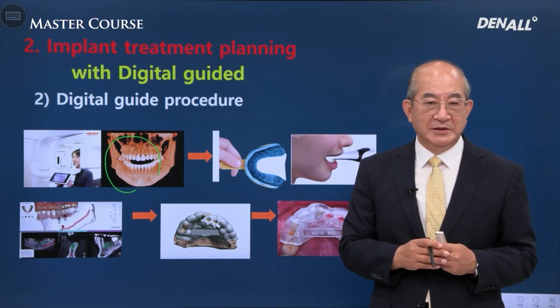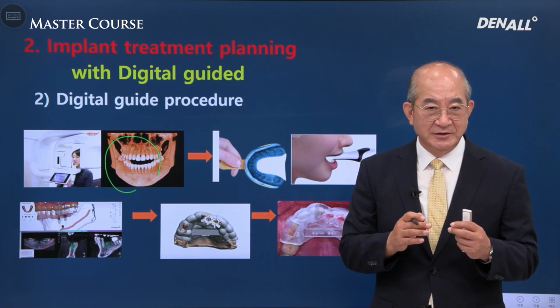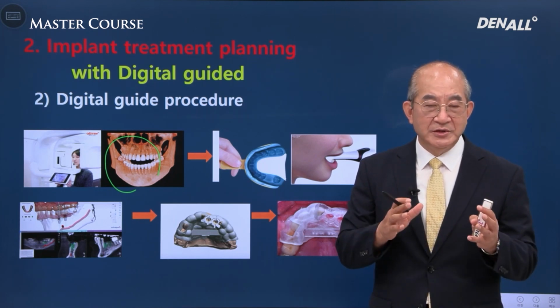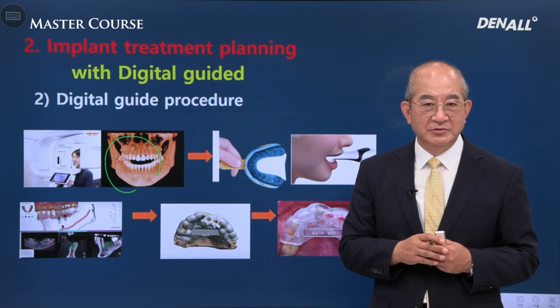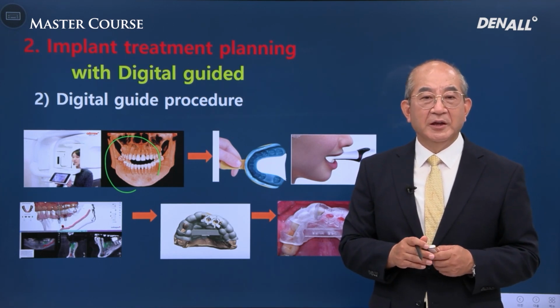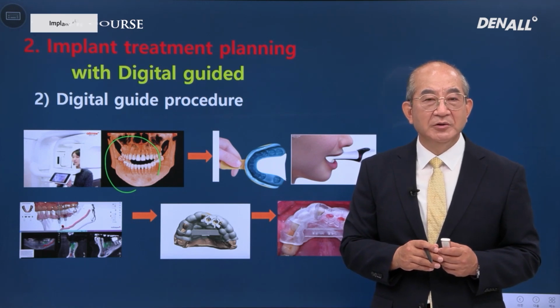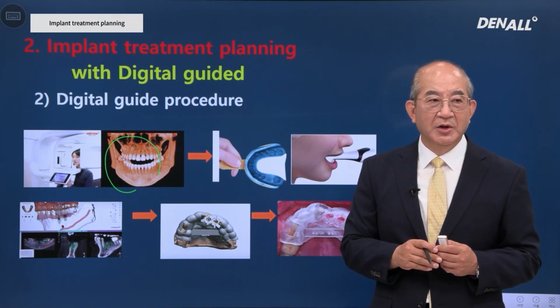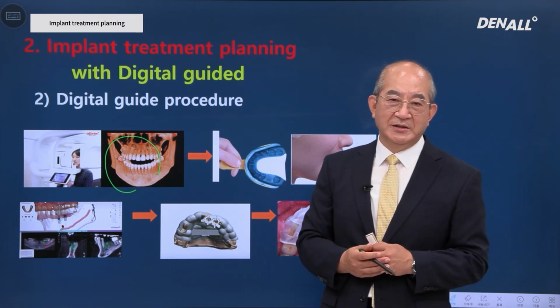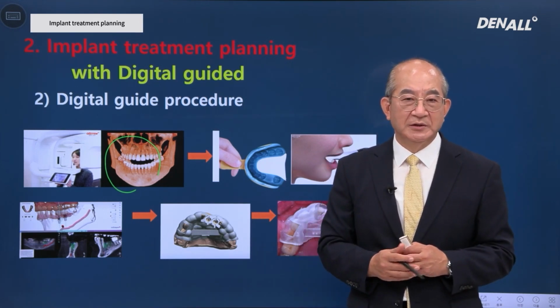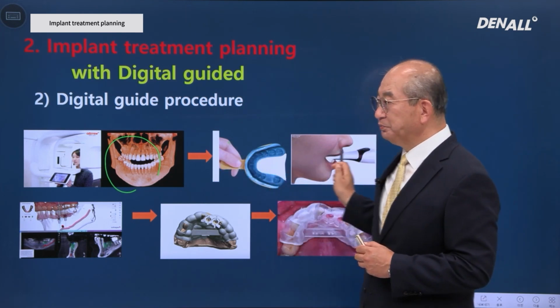Next, cast model is made. A diagnostic wax-up can also be done. With digital dentistry, more people use intraoral scanners, and impression materials, which require a lot of work, are now mostly unused.